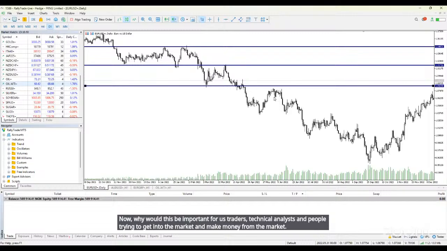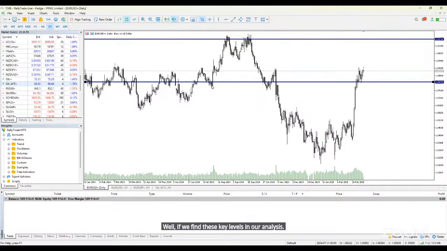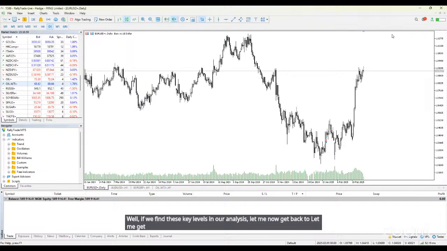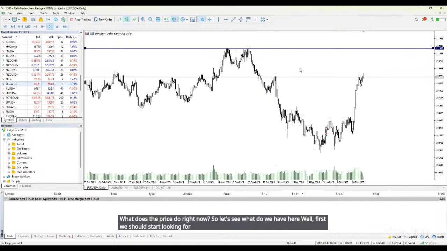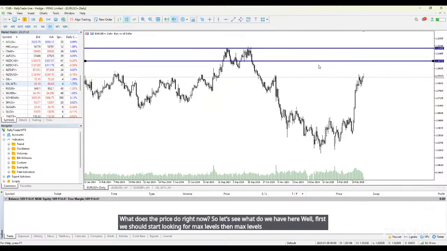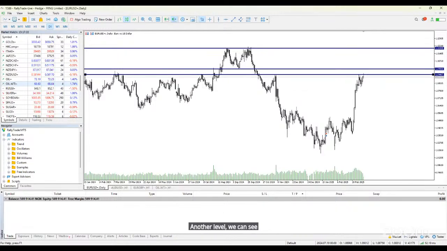Well, if we find these key levels in our analysis, let me now get back to the current moment, right? What does the price do right now? So let's see, what do we have here? Well, first we should start looking for max levels, then closer we should look for low levels. We should go a bit lower because we have here another level. We can see a maximum here, what was touched here and very close here.